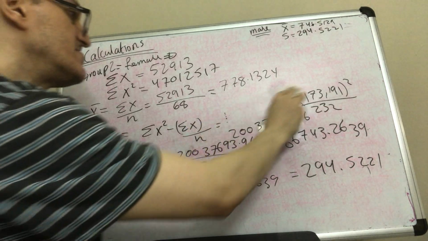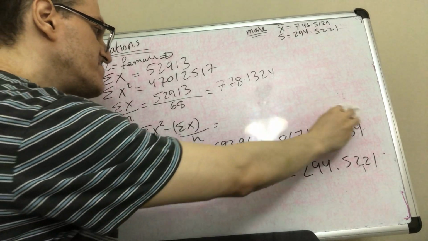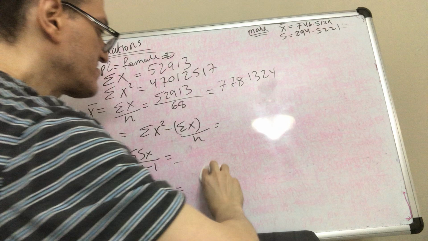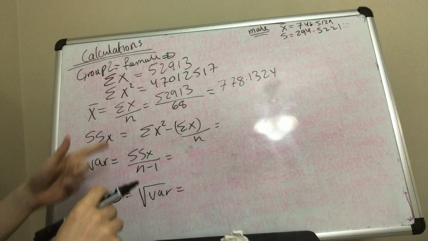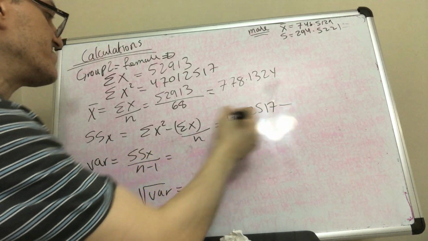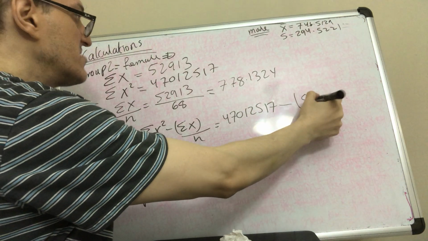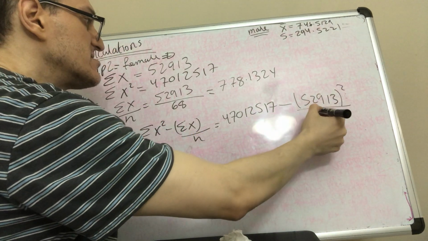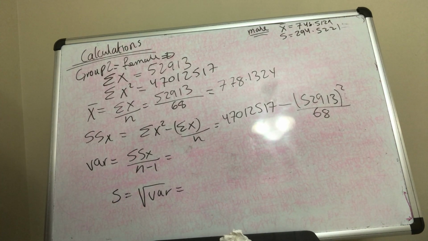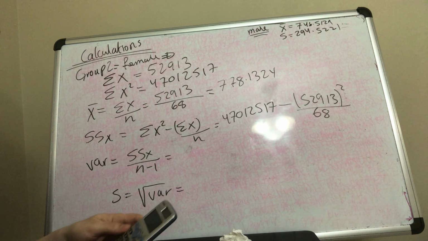And to do the standard deviation, we have to follow the 3 steps. Sum of x squared, that's 4701217. Sum of x, that's 52913. You square this, sample 68. 4701217 minus 52913 squared over 68.